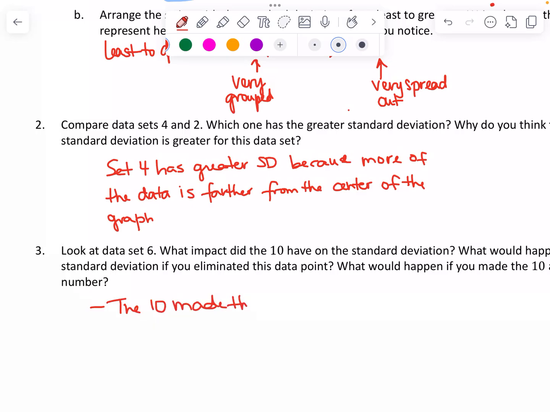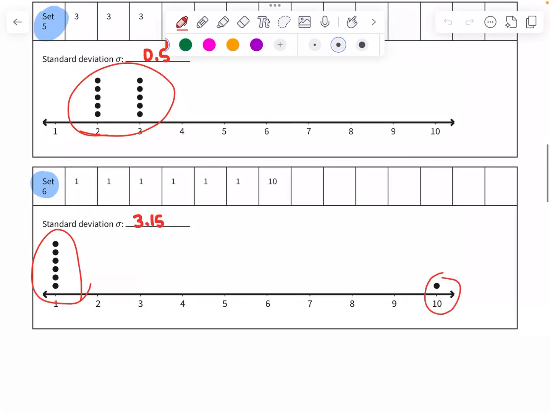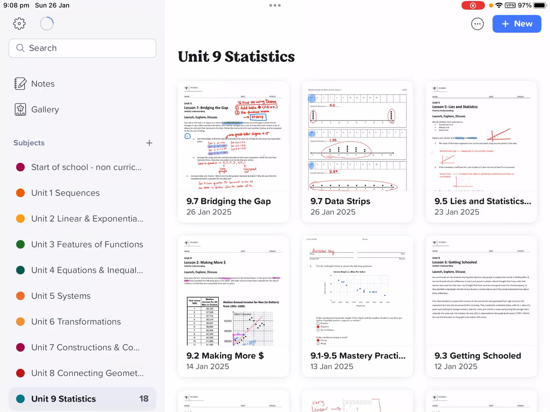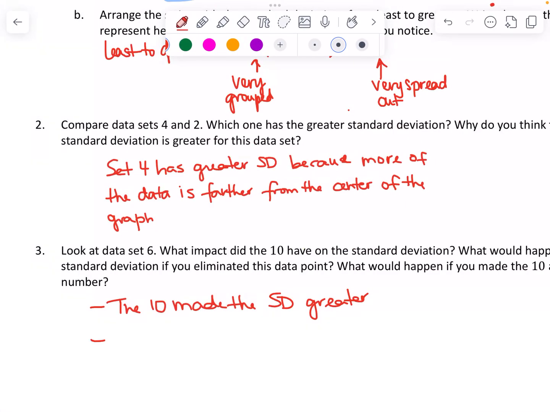That's definitely true. If we eliminated it, all the data points would be, let's look back again, all the data points would be on the 1, which if you have all the data points on the same number, you actually have a standard deviation of 0. So that would be a big impact if we eliminated it. If 10 was eliminated, the standard deviation would be 0.